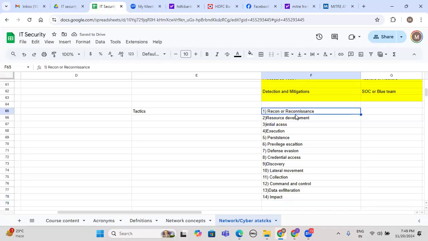Recon or reconnaissance, resource development, initial access, and also execution, persistence, privilege escalation, defense evasion, credential access, discovery, lateral movement, collection, command and control, data exfiltration, and impact. Out of all these, 3 or 4 are very, very important.